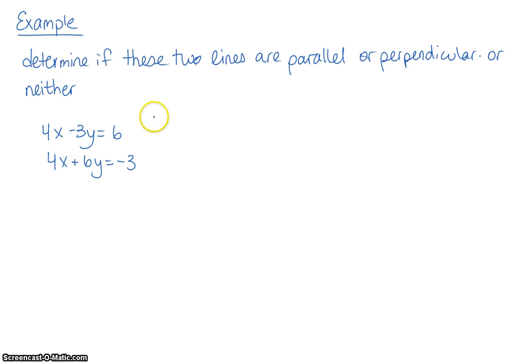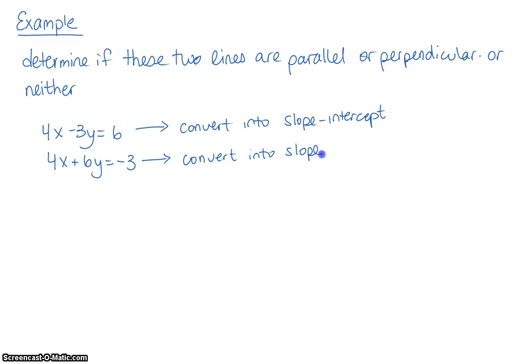So if we're given two equations like this, we can convert these into slope-intercept. So that would be your first approach for both the two lines. And then we can analyze the equations to see if they have the same slope, a negative reciprocal slope, or whether or not they have neither of the situations.